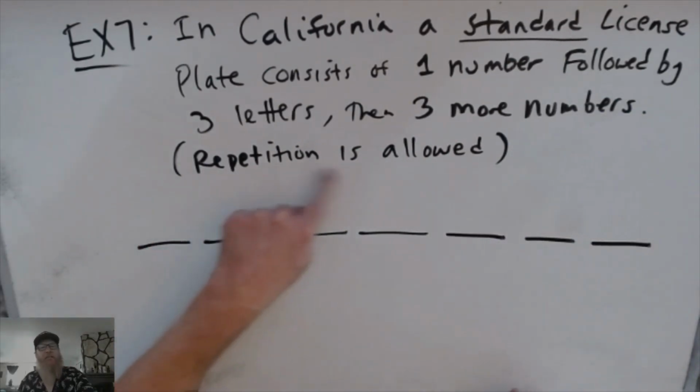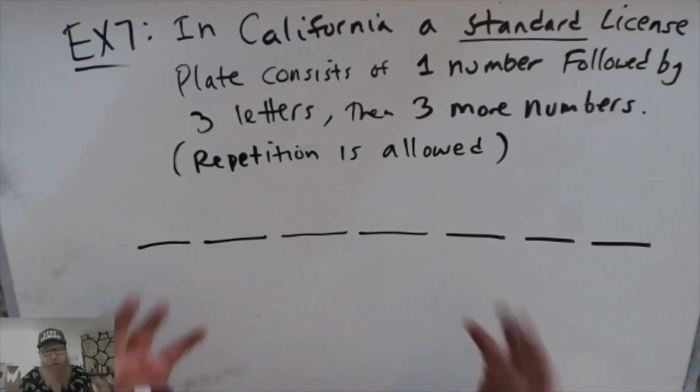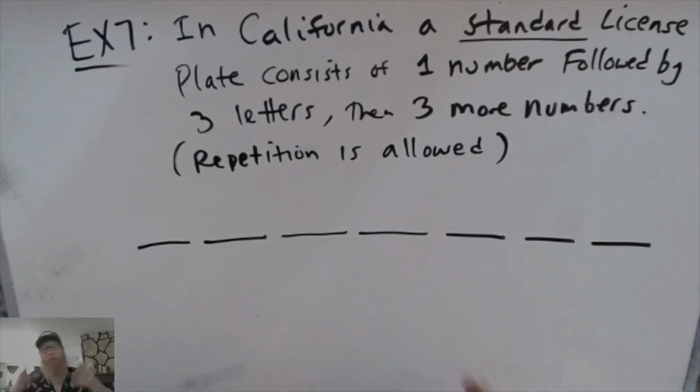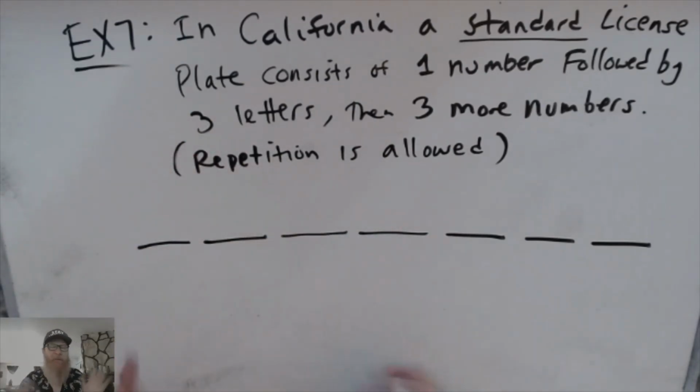Repetition is allowed. Occasionally you'll see some license plate that has 555 or BBB, or you can even just repeat 2 letters, like AAG or 544 or something like that. So repetition is allowed of any type, anywhere from 1 to up to 3 of the same number or letter could happen.